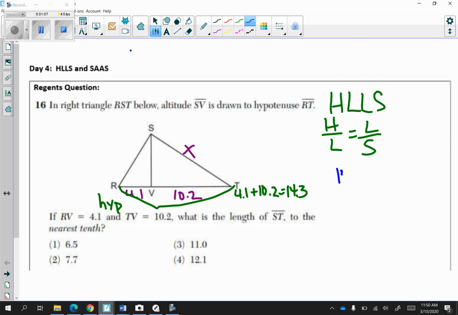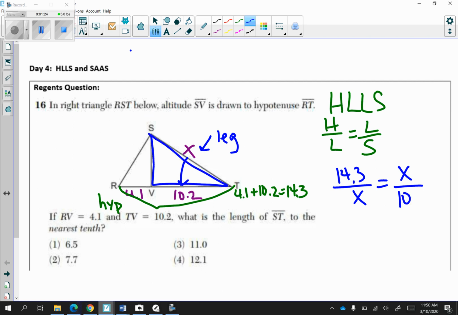So that's 14.3 over my leg, which is ST, which is X, is equal to the same leg, which is X, over the side. And the side is right across in this triangle, which is 10.2. Cross multiply. So X times X is X squared.